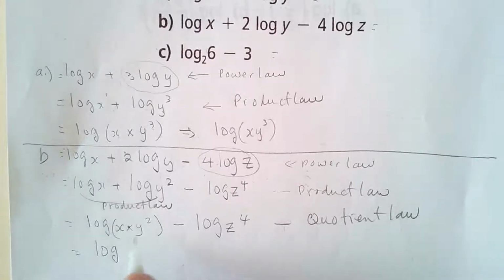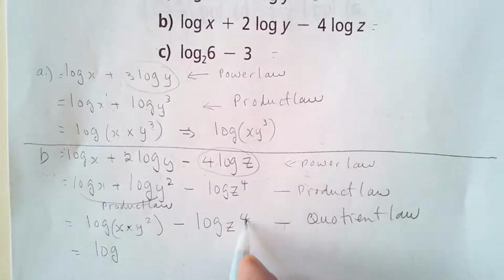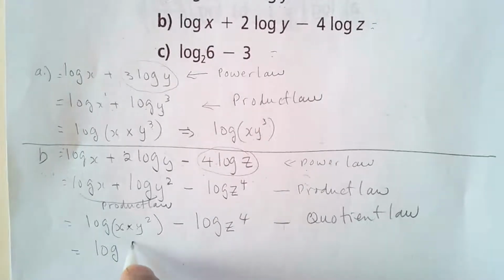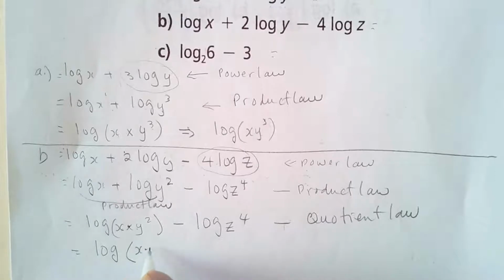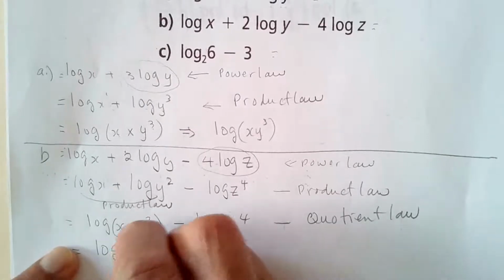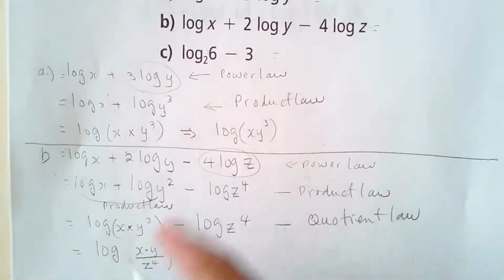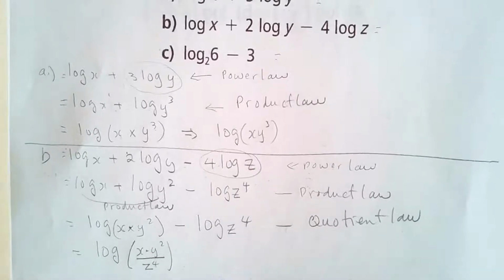So log, now we're going to put a quotient. This would be x times y squared divided by z to the power 4. Don't forget your exponents. So this is your final answer.